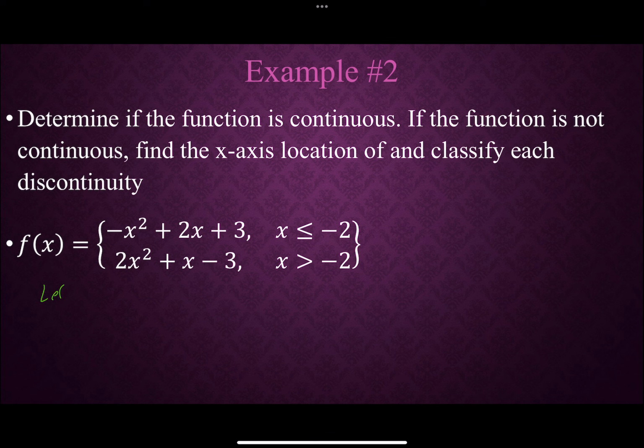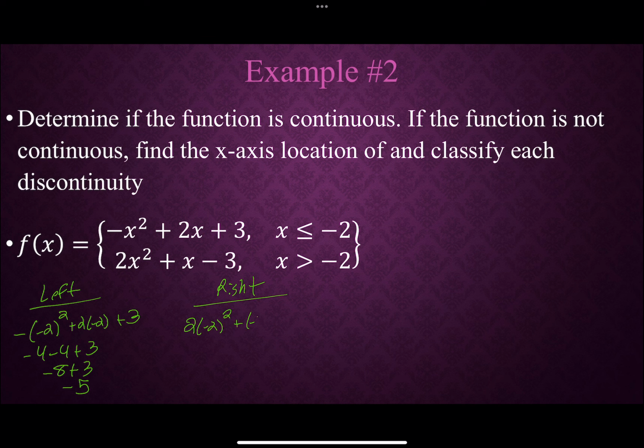There's nothing wrong with the quadratic equation, and everything's okay with that. So we look at what's happening from the left side. So we'd have the negative of negative 2 squared plus 2 times negative 2 plus 3. We get negative 4 minus 4 plus 3, negative 8 plus 3, we get a negative 5. So on the right side, we would have 2 times negative 2 squared plus a negative 2 minus 3.